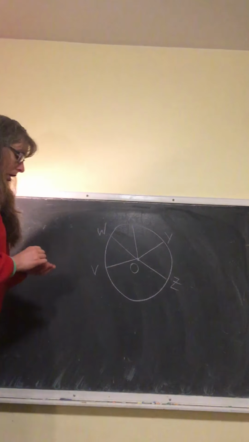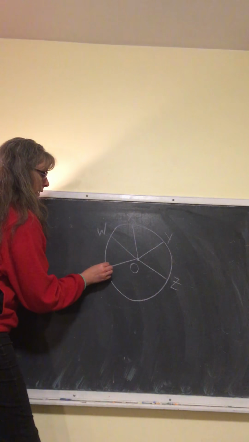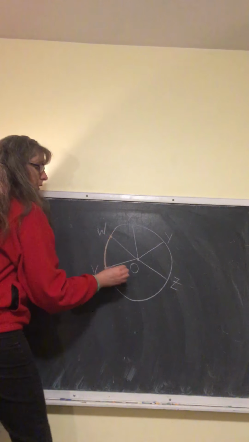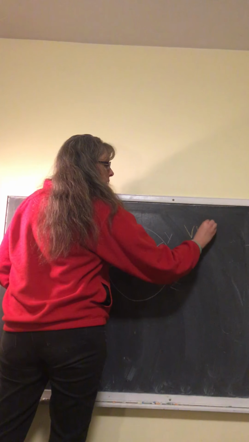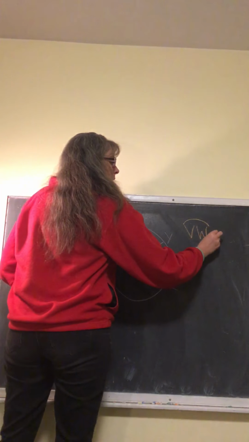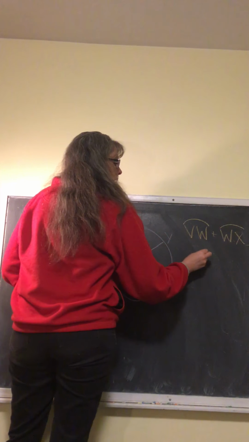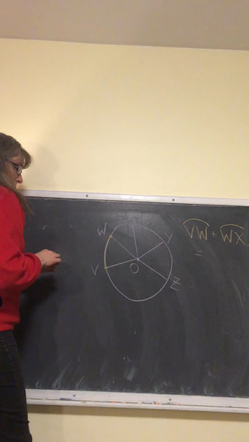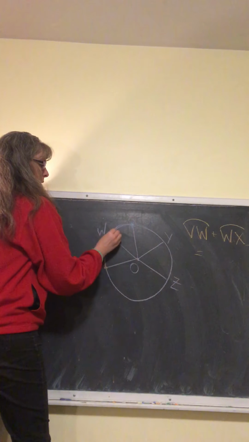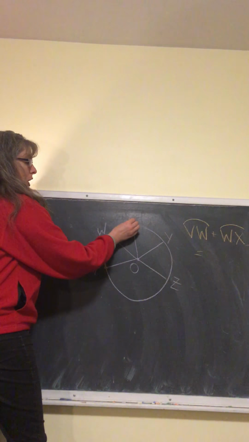Okay? Now I'm going to add two of these arcs together. So if I have arc VW plus arc WX, that equals, you ready? You'll be shocked.